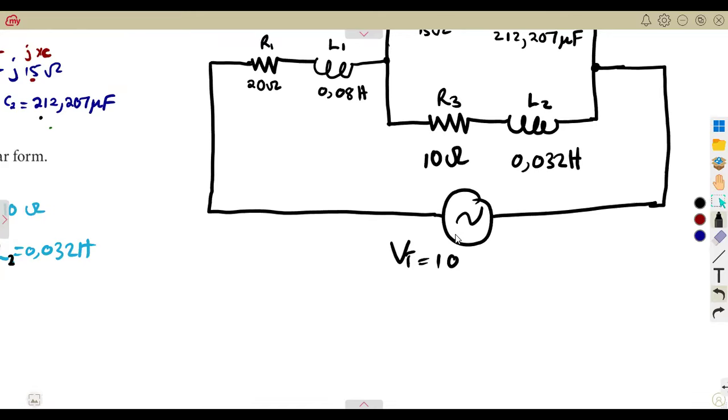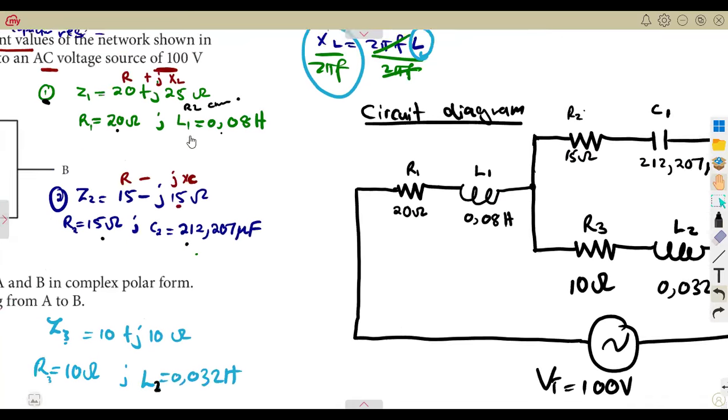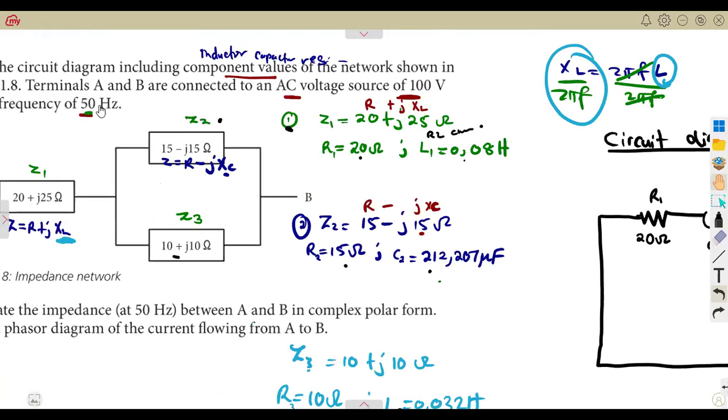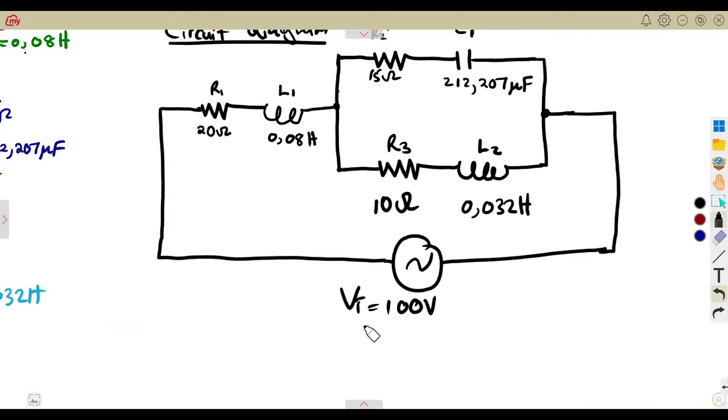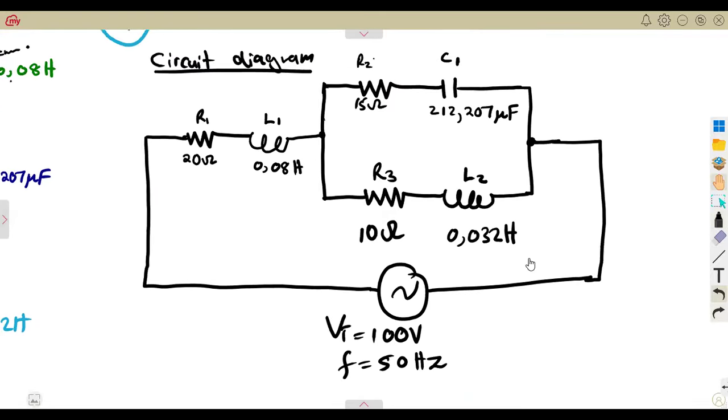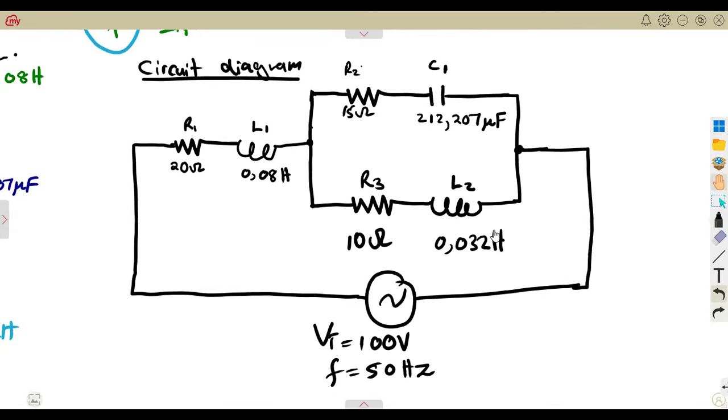And the frequency affecting this voltage is 50 hertz. That is the idea. We have got the circuit diagram.